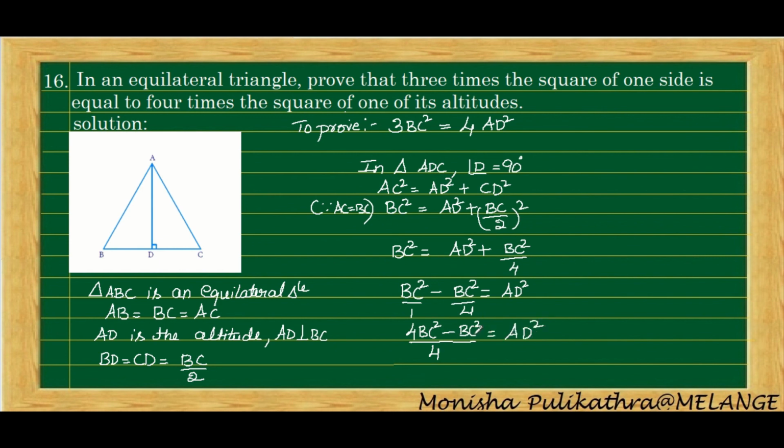So 4 BC square minus BC square will be 3 BC square divided by 4, is equal to AD square. When I cross multiply, it becomes 3 BC square is equal to 4 AD square. Whatever they asked to prove, we have proved here. Then write down, hence proved.